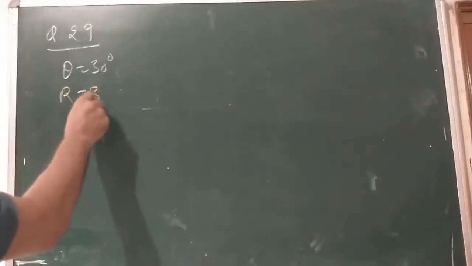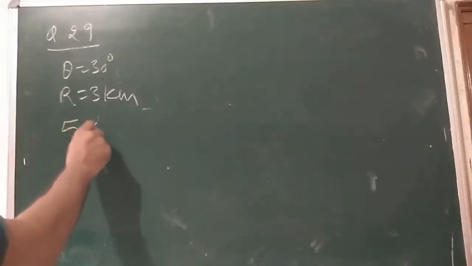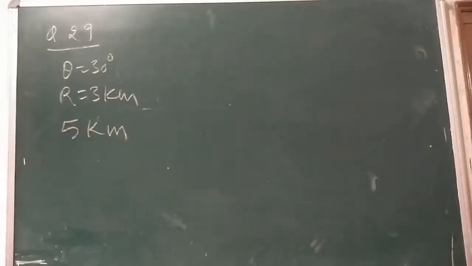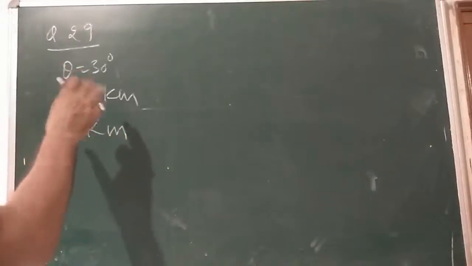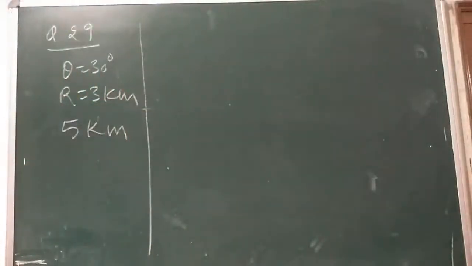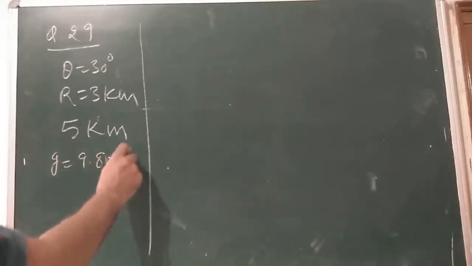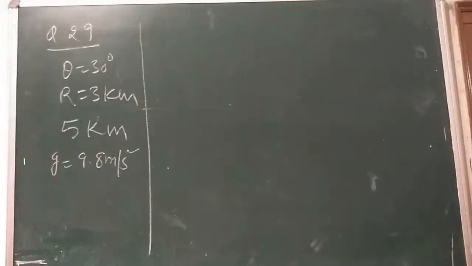Theta is equal to 30 degree, R is equal to 3 km. By adjusting its angle of projection, can one hope to hit a target of 5 km? Assume the muzzle speed to be fixed and neglect air resistance. This is our question. Acceleration due to gravity is 9.8. See what we have to do in this.